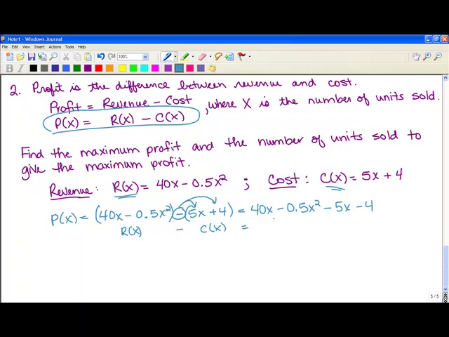And then we'll need to combine like terms. I'm going to write the term with the highest power first, and then combine the 40x minus 5x. We get 35x, and then minus 4. All right, so this will be the profit function, P of X.